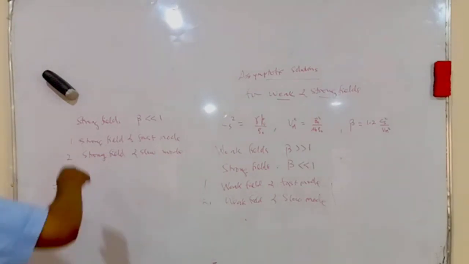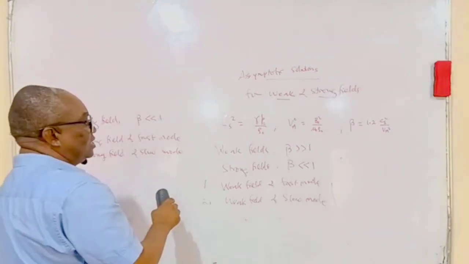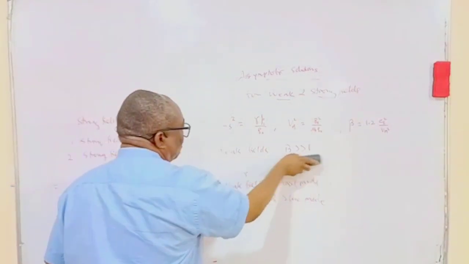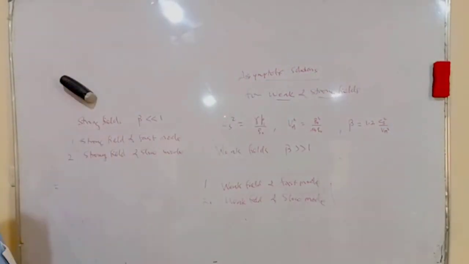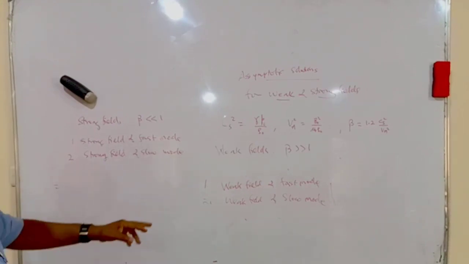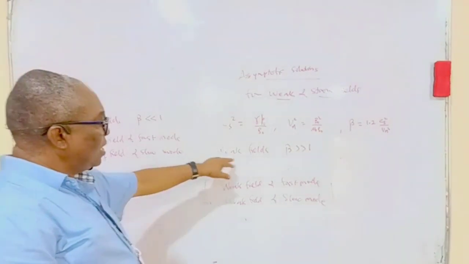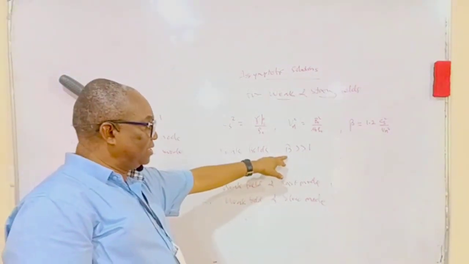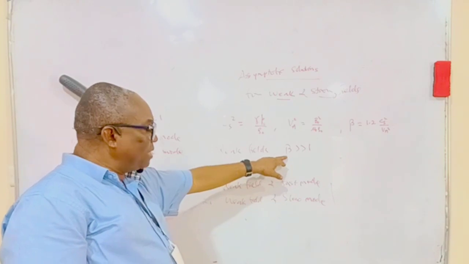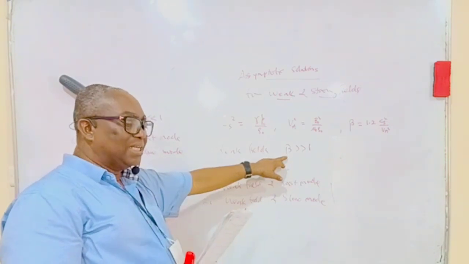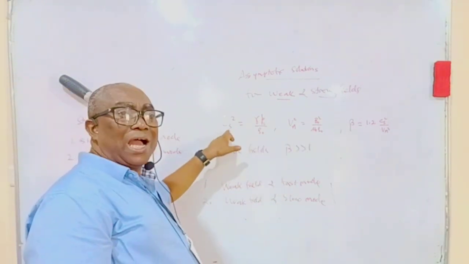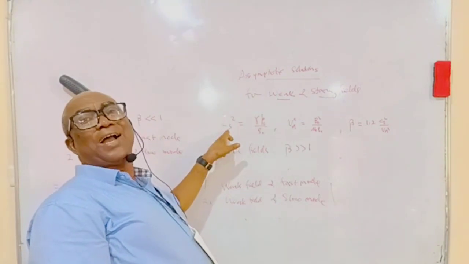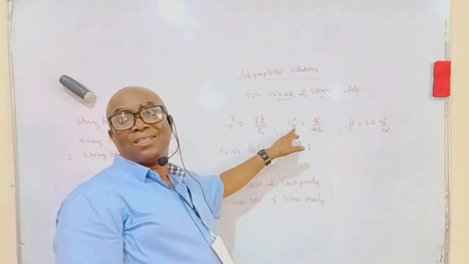Must be greater than 1. For a strong field, it means that your acoustic speed must be far greater than this.